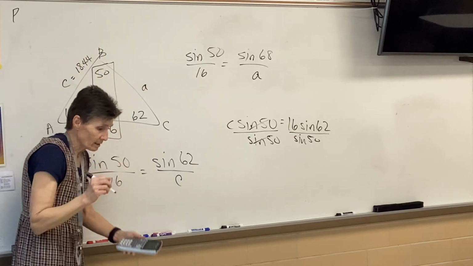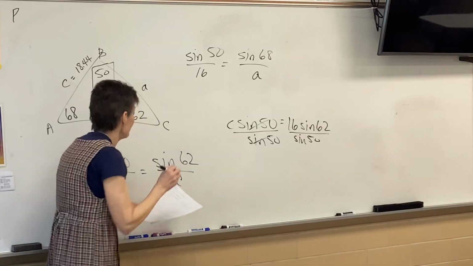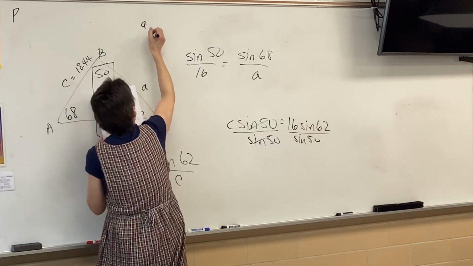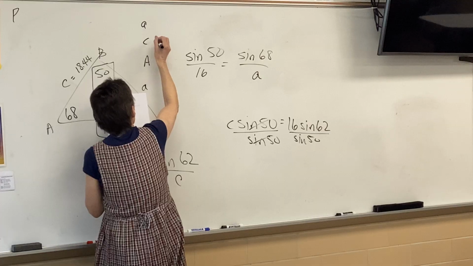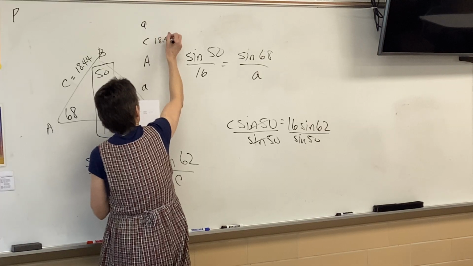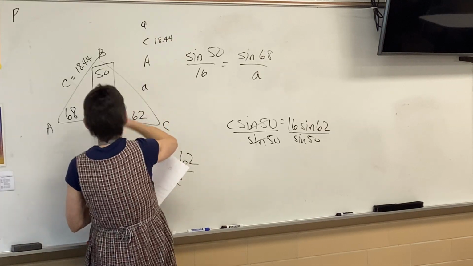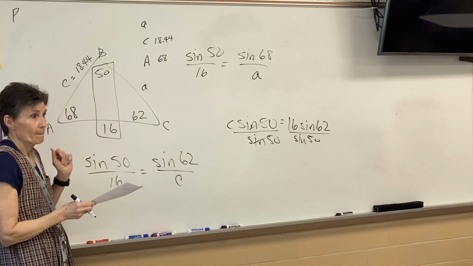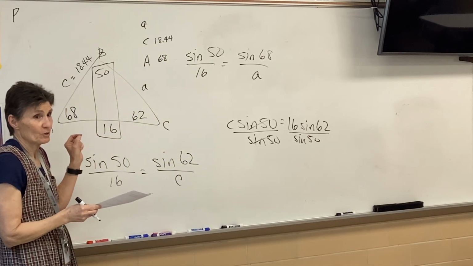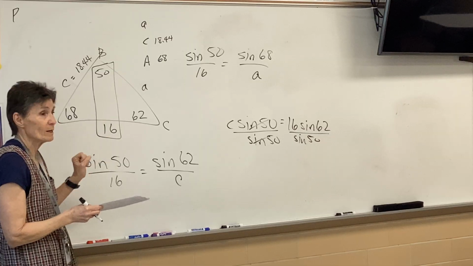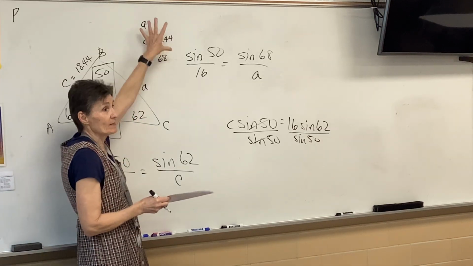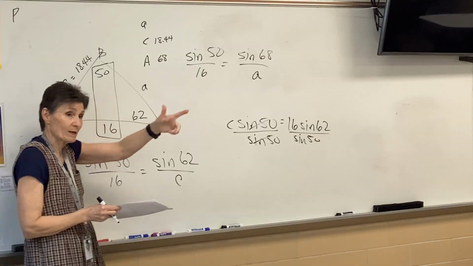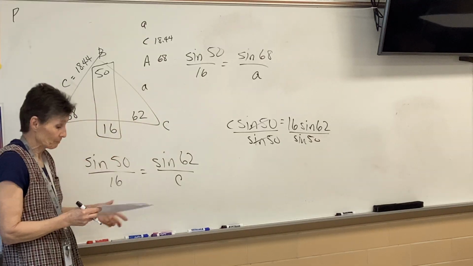Now, just like here, you will be filling in the blanks. So for C, you're going to say 18.44. For A, you're going to say 68. I like to put it like that too. That helps me set out my equations. But these are the answer blanks, all right? So make sure you give them the right blank.